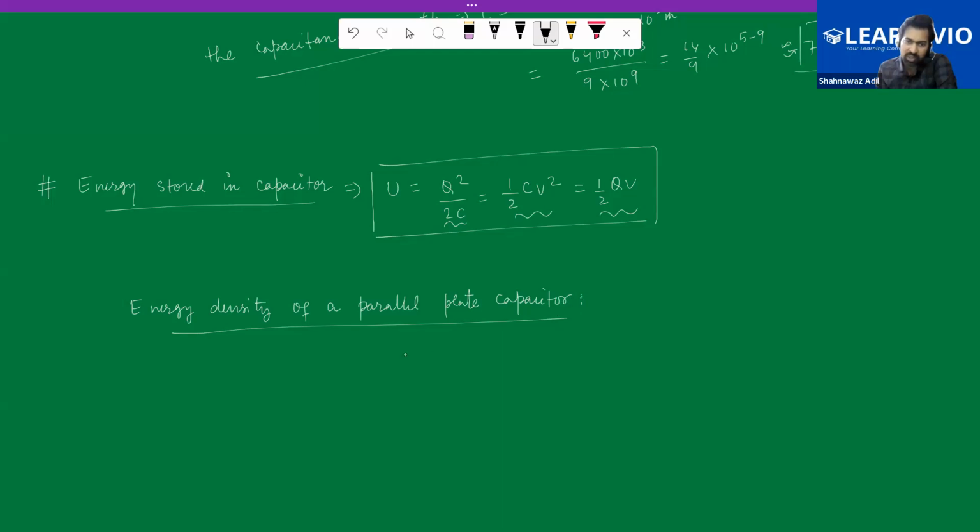Energy density is denoted by small u, and this would be energy by volume.